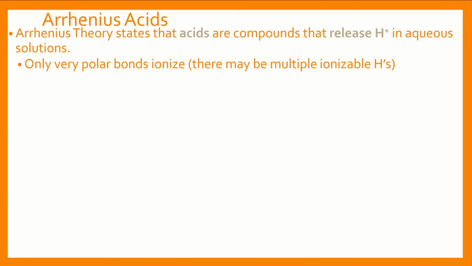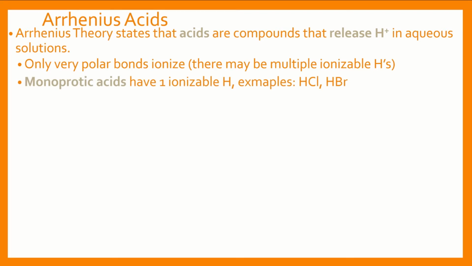So H's tend not to come off of carbons. Generally, to be an acid, the H has to come off of a stronger nitrogen, oxygen, fluorine, chlorine, bromine, the elements more to the upper right of the periodic table, in order to be considered ionizable.